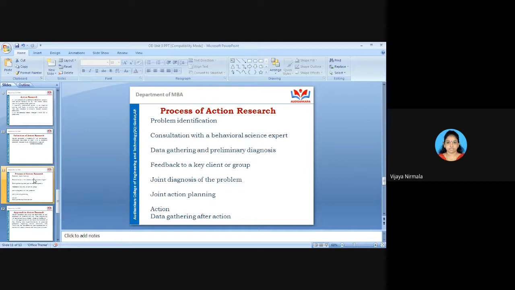In this feedback step, the members are given the information gathered by the organizational development practitioners, and this helps them determine the strengths and weaknesses of the organization or unit under study. So the consultant provides the client with all the relevant and useful data.